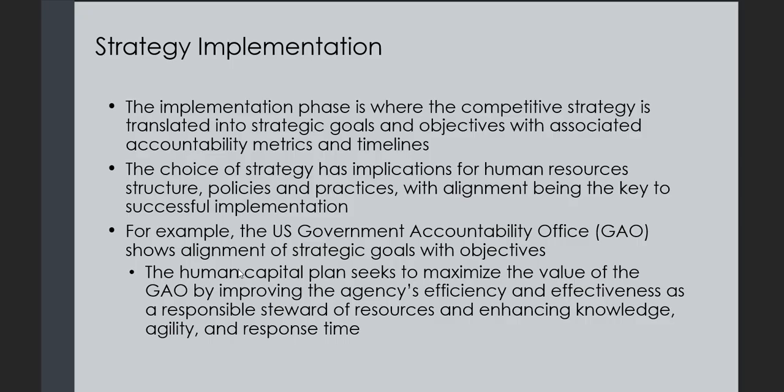So in practice, this means that if an organization pursues a strategy of innovation, HR must recruit creative talent, provide development opportunities, and create reward systems that encourage experimentation. If an organization pursues a cost leadership strategy, HR must focus on efficiency, productivity, and cost control. Alignment is everything in this scenario. HR strategies and practices must support the overall business strategy.